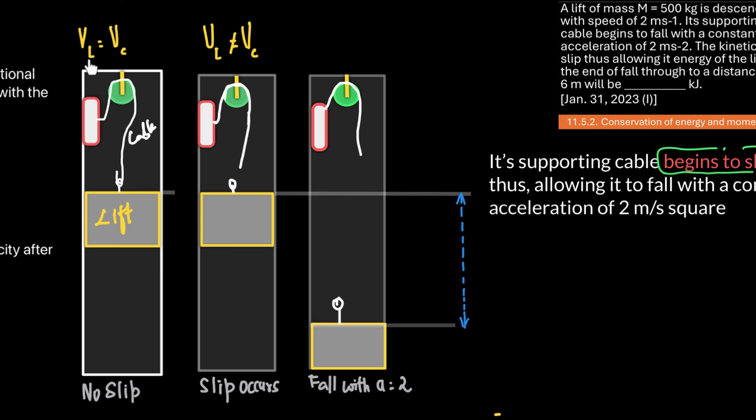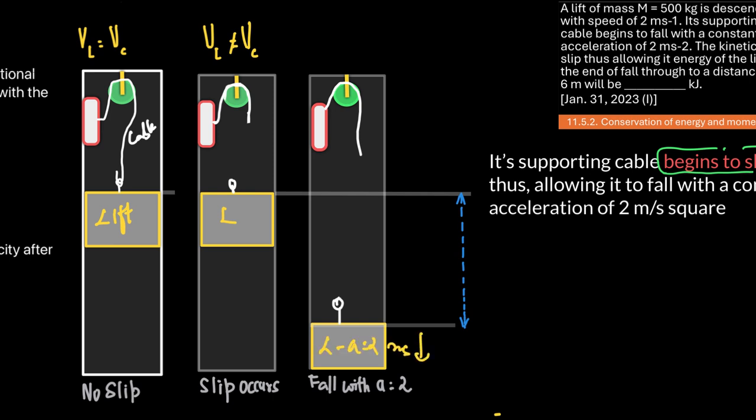And when slip occurs, there is a loss of contact between the cable and the lift. So the lift is now free from the cable, and the velocity of lift will definitely not be equal to the velocity of cable. It is given that this lift is coming down with an acceleration equal to 2 meter per second square.